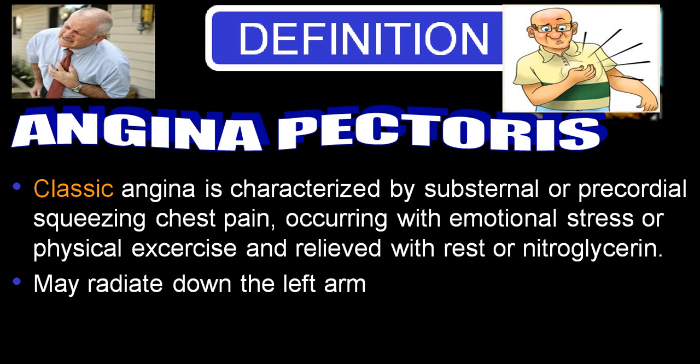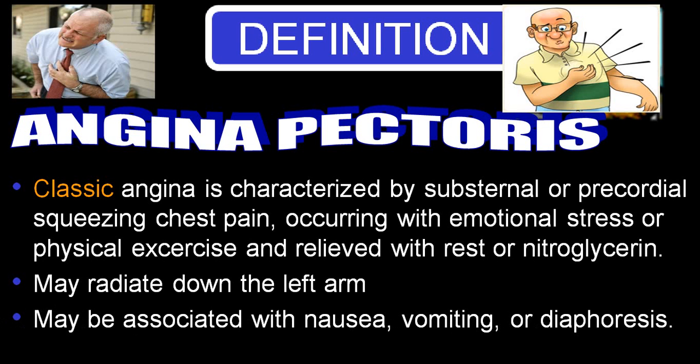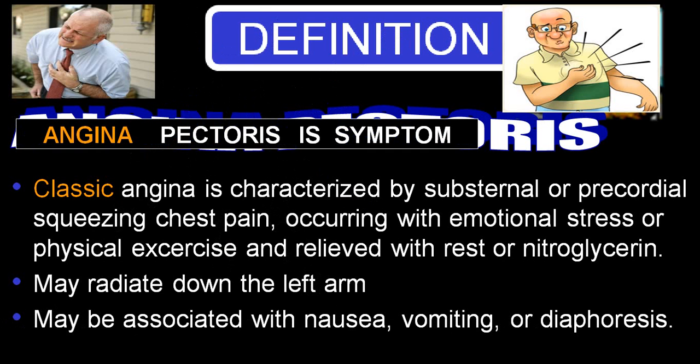Usually not associated with any additional symptoms, but may be associated with vomiting, perspiration, prostration. This pain usually lasts for 10 to 15 minutes, not longer. May be associated with nausea, vomiting, and diaphoresis.